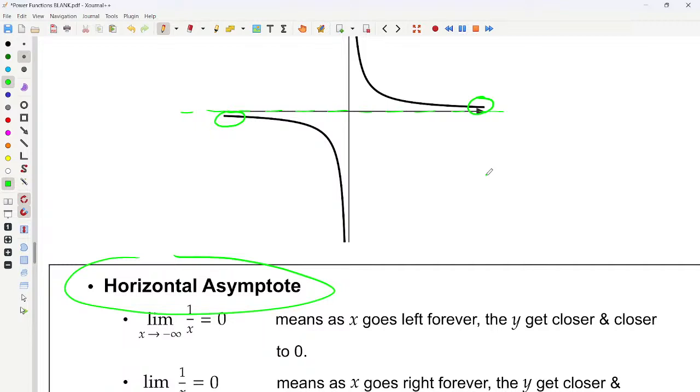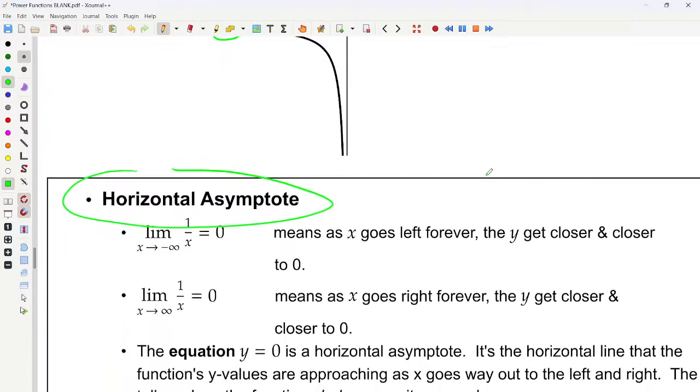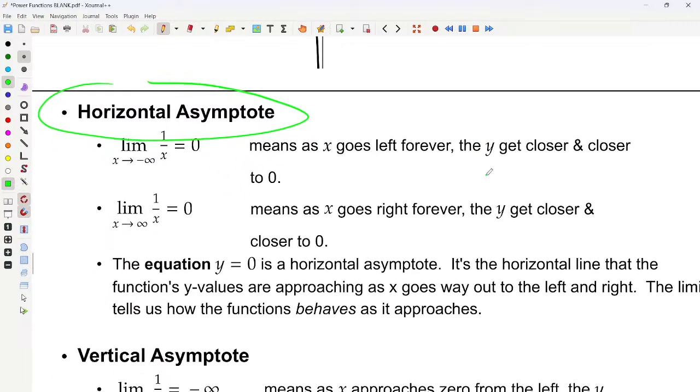And when your ends get close to a number, that's truly the definition of a horizontal asymptote. And that's what I'm arguing right here. When your end behavior is not infinity or negative infinity, when it's a specific number, you have a horizontal asymptote. And the equation of that asymptote is y equals 0, flat line.